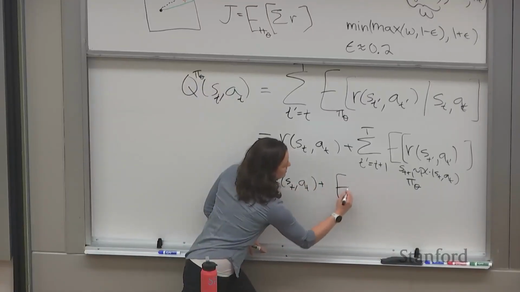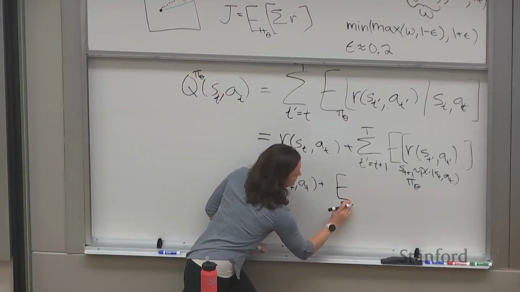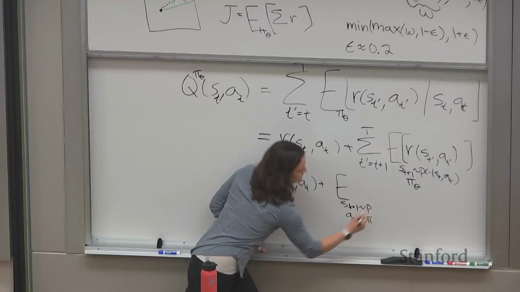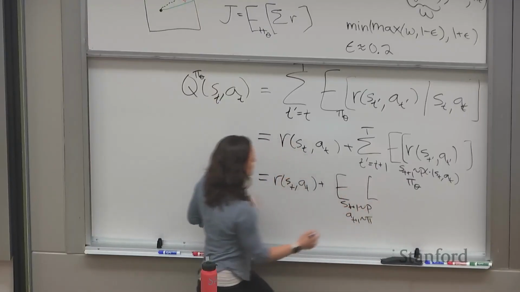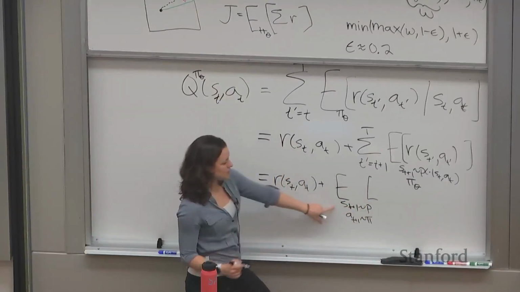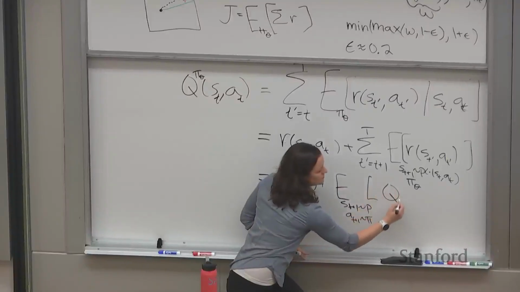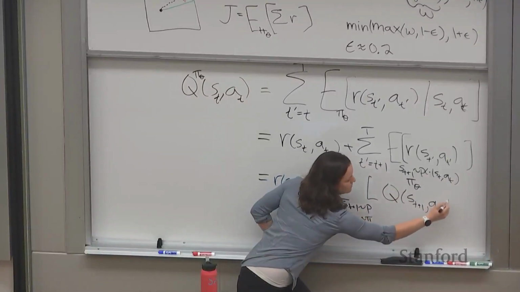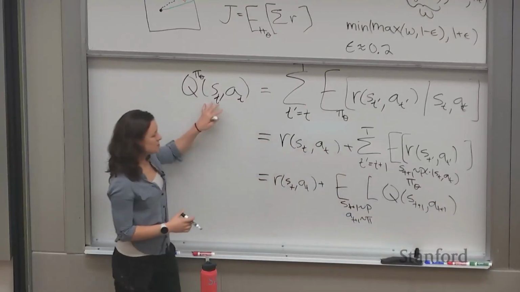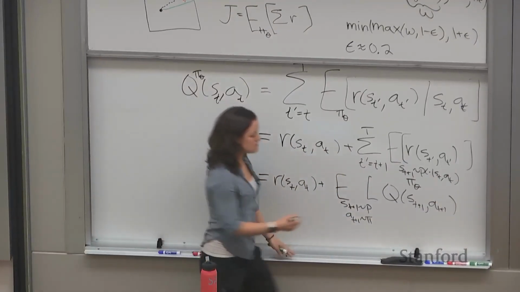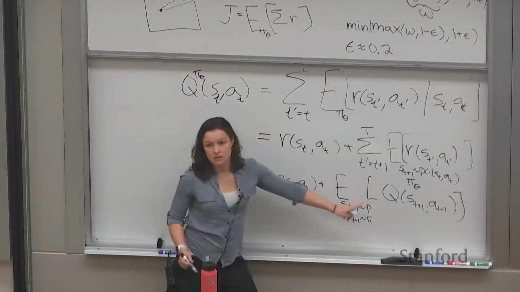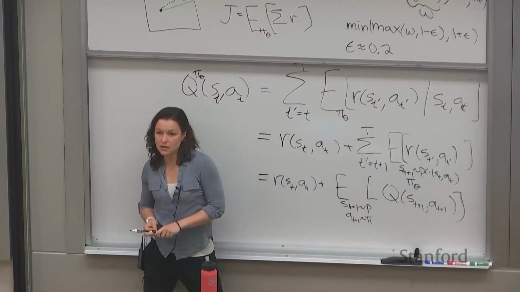So with the expectation over ST plus 1 and AT plus 1 sampled from our policy, the Q at the current time step is the reward plus this expectation of the next Q. And so we can define Q recursively like this, as the reward at the current time step plus the future Q at the next time step.